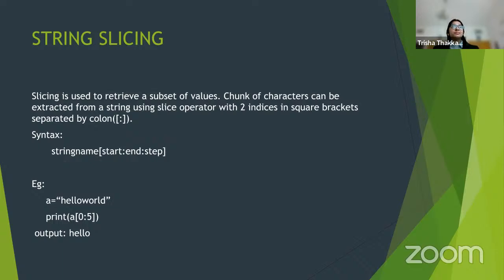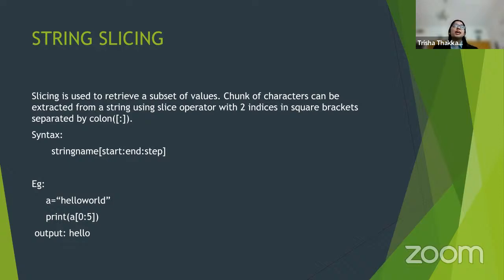String slicing. This is used to retrieve a subset of the values of the string. Chunks of characters can be extracted from the string using the slice operator with two indices in square brackets, separated by a colon. The syntax for this is string name and in square brackets, start colon end colon step.